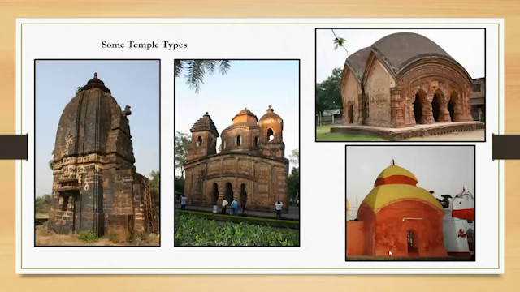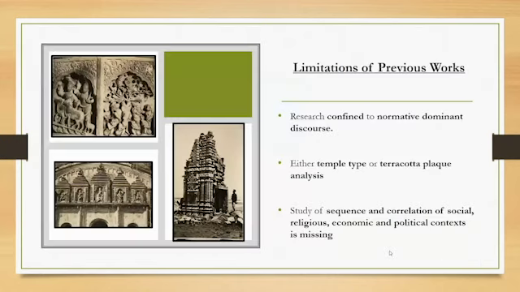These are some of the classifications of the temples that have been identified by David. There's a Rekha temple, Ratna temple, Jor Bangla temple, and Atchala temple. The previous field-based research and its analysis fits within the framework of normative dominant discourse, where either the temple types or the terracotta plaque themes are studied.